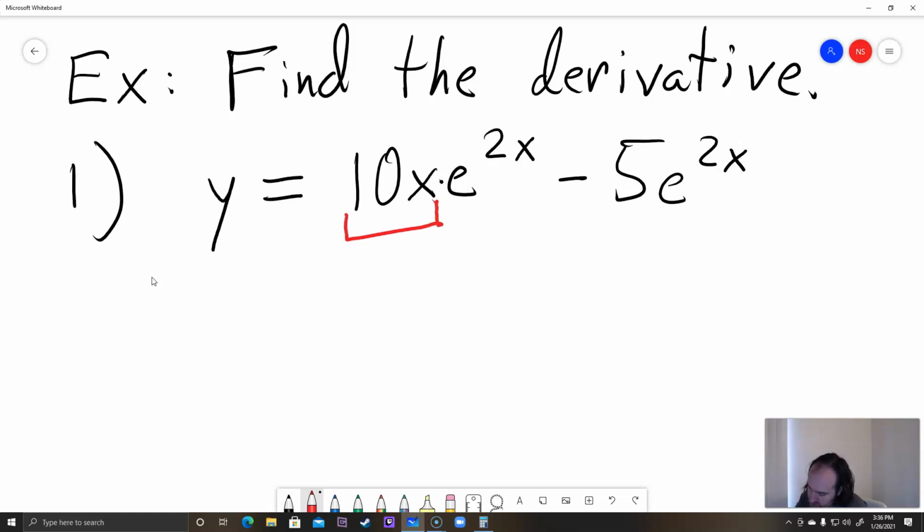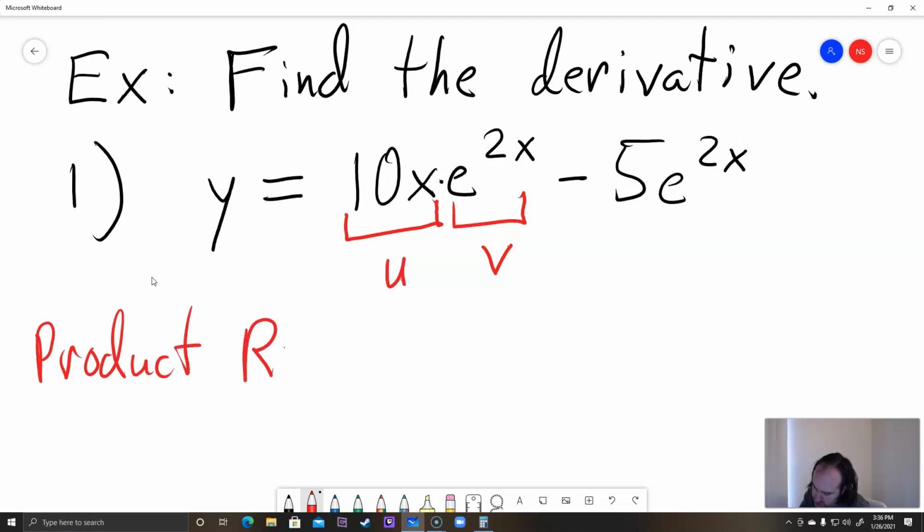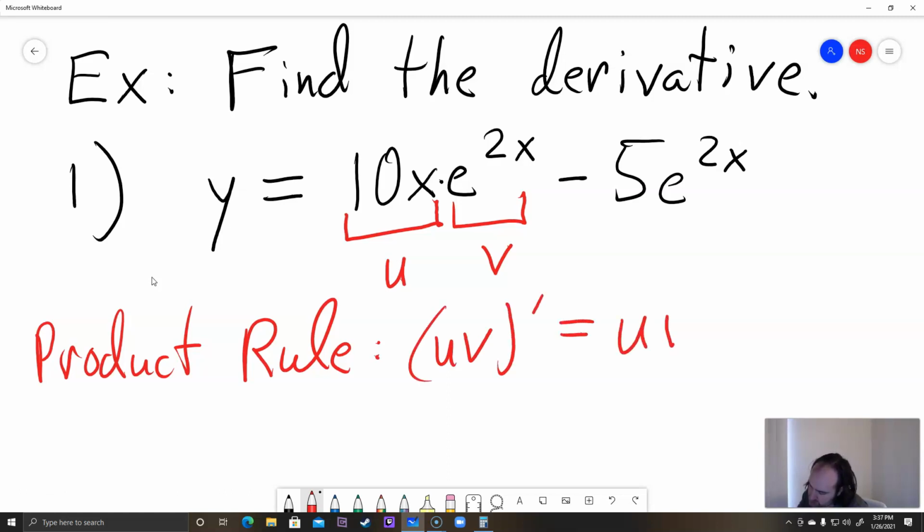The product rule says if you have u times v, then (uv) prime equals u v prime plus u prime v. So we're going to do the product rule for this first term here.